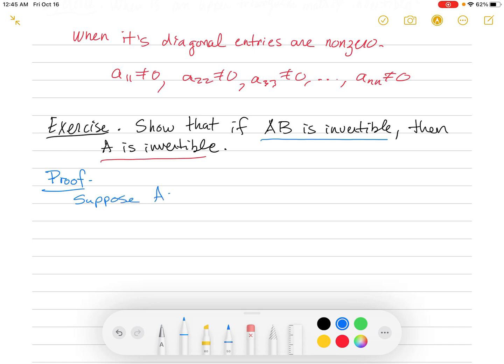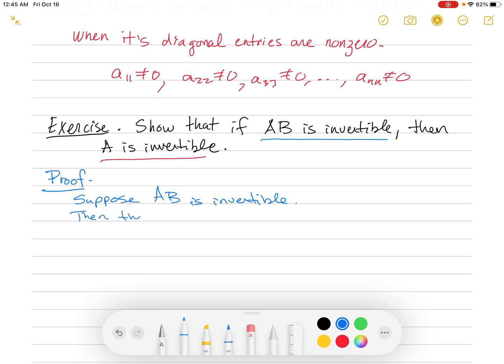So let's suppose AB is invertible. What does that mean? We can use one of our characterizations of invertibility: there exists a matrix, you can call it whatever you want, such that AB times that matrix gives you the identity.